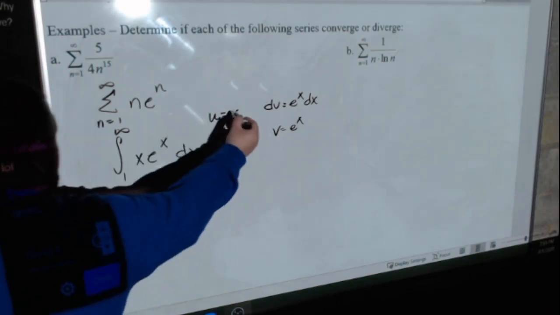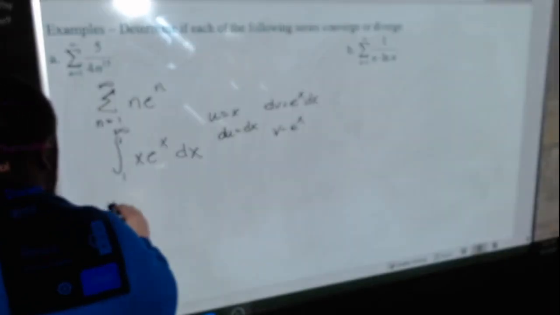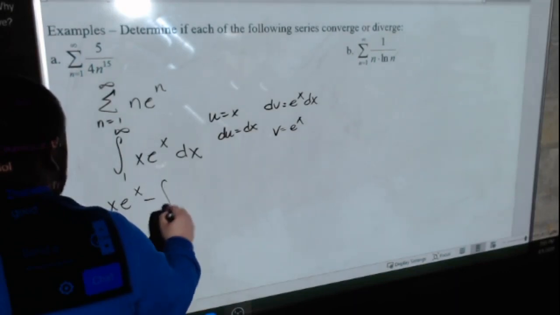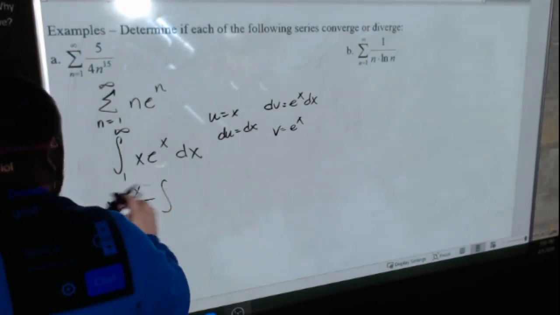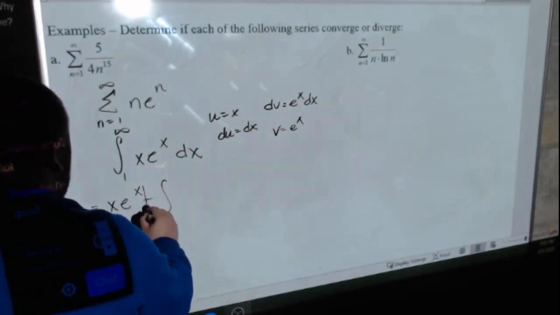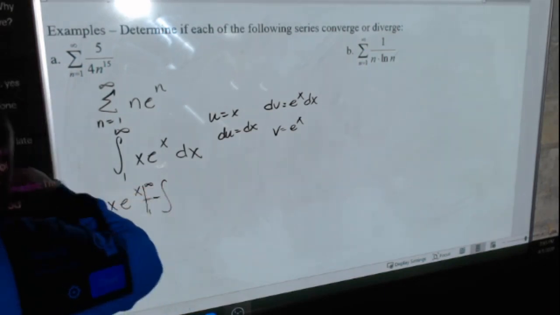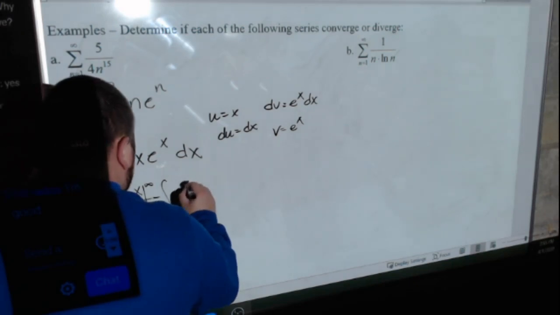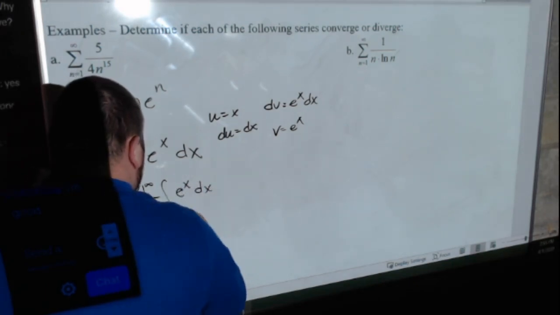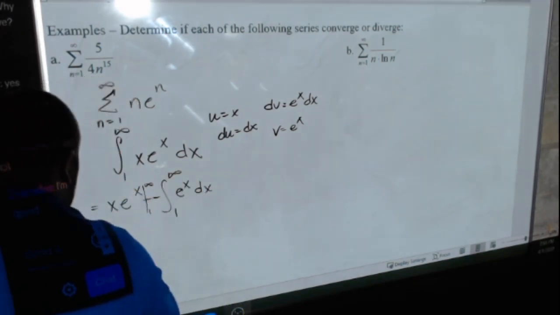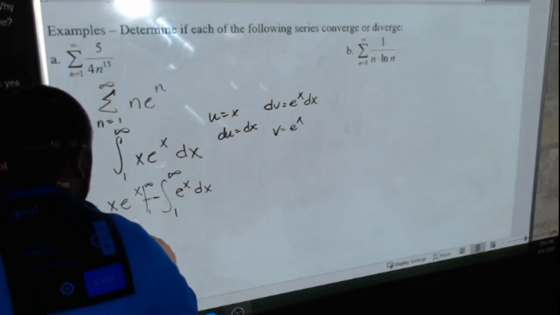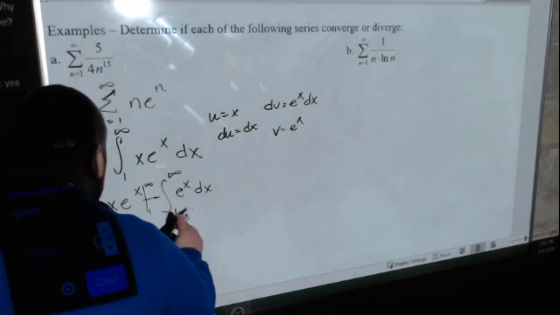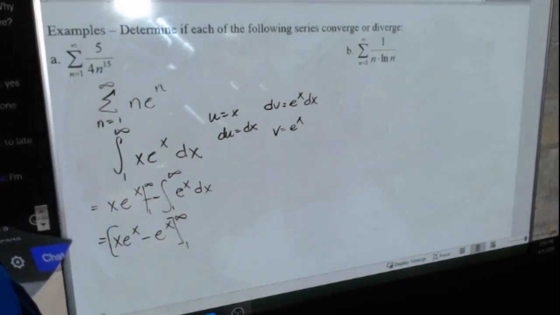So you get u times v minus the integral, this is evaluated from 1 to infinity, minus the integral of v du. And of course we know that that's going to give us e to the x, all of this now from 1 to infinity.